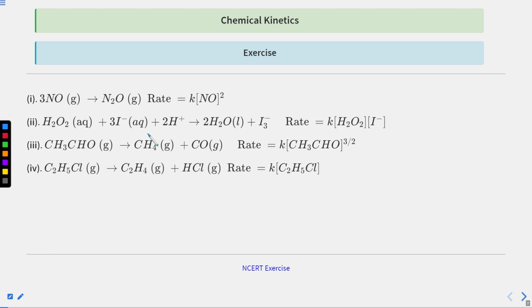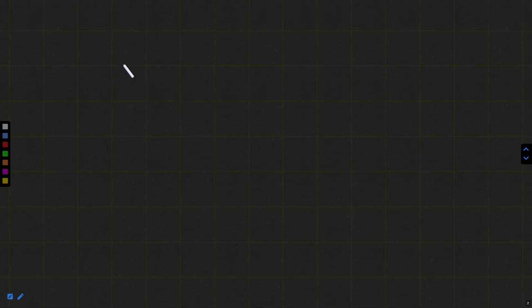Now these are the equations. There are four equations. The first equation is 3NO reacts to give N2O, and the rate expression is given as rate is equal to K[NO] raised to the power 2. So what will be the order of reaction? If you remember, order of reaction can be written as the sum of the powers of the reactants.